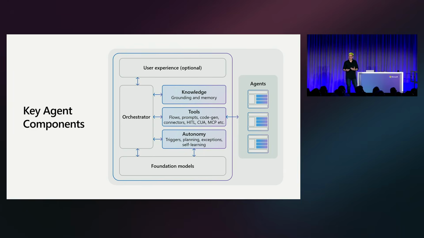So I'm going to be talking today about how that orchestrator uses knowledge, tools, and autonomy to perform actions. Some of those tools can be very, very simple. You could talk to an API. You can also have human in the loop in those tools where you can reach out to ask for help. But you can also use MCP servers. So I'm going to talk a bit about MCP servers.